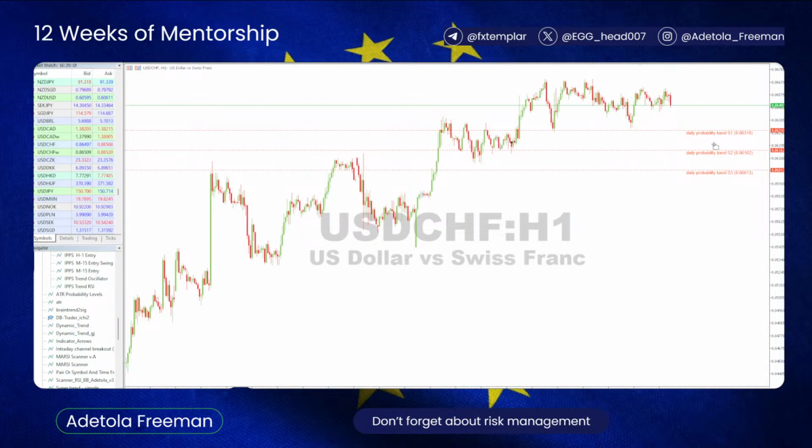So I think I can mark out this demand zone. You can see that that demand zone is right on top of the daily probability band S2. And that was the demand zone that brought about the break above this high.